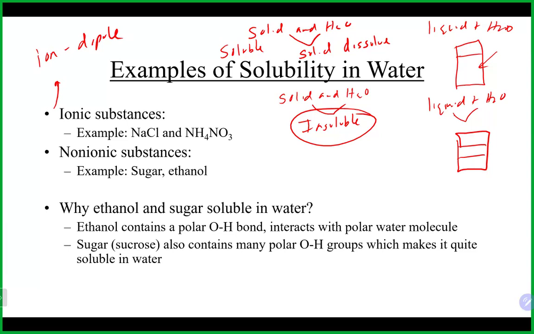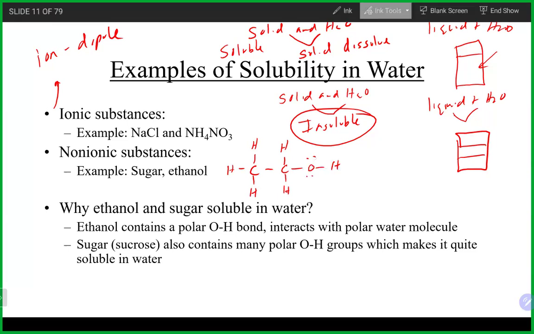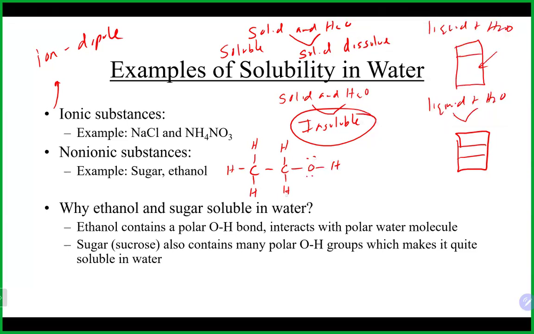Now, if we look at something like ethanol, which looks something like this, ethanol is an organic compound. It's an alcohol, and it is the alcohol. It basically has two parts. That is this part here, which is basically made up of all these carbons and hydrogens, and carbon and hydrogen is a nonpolar bond.